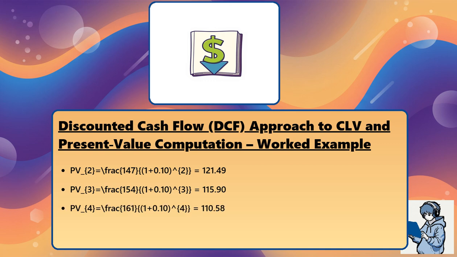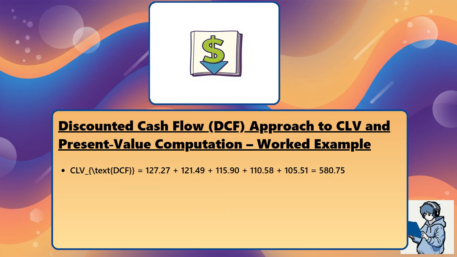PV4 equals 161 divided by 1 plus 0.1 to the 4 equals 110.58. PV5 equals 168 divided by 1 plus 0.1 to the 5 equals 105.51. CLV DCF equals 127.27 plus 121.49 plus 115.9 plus 110.58 plus 105.51 equals 580.75.